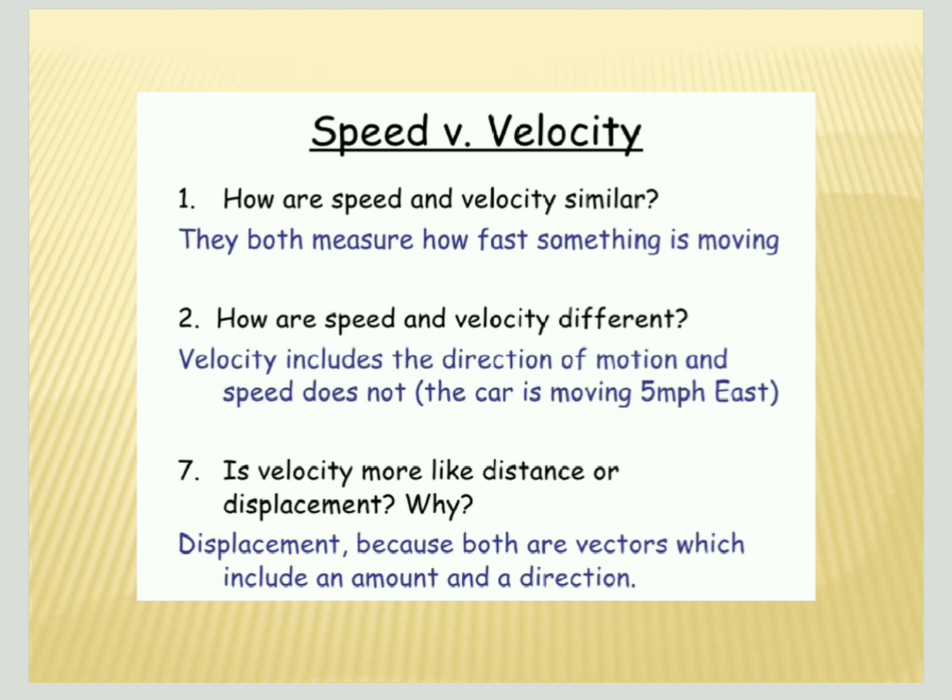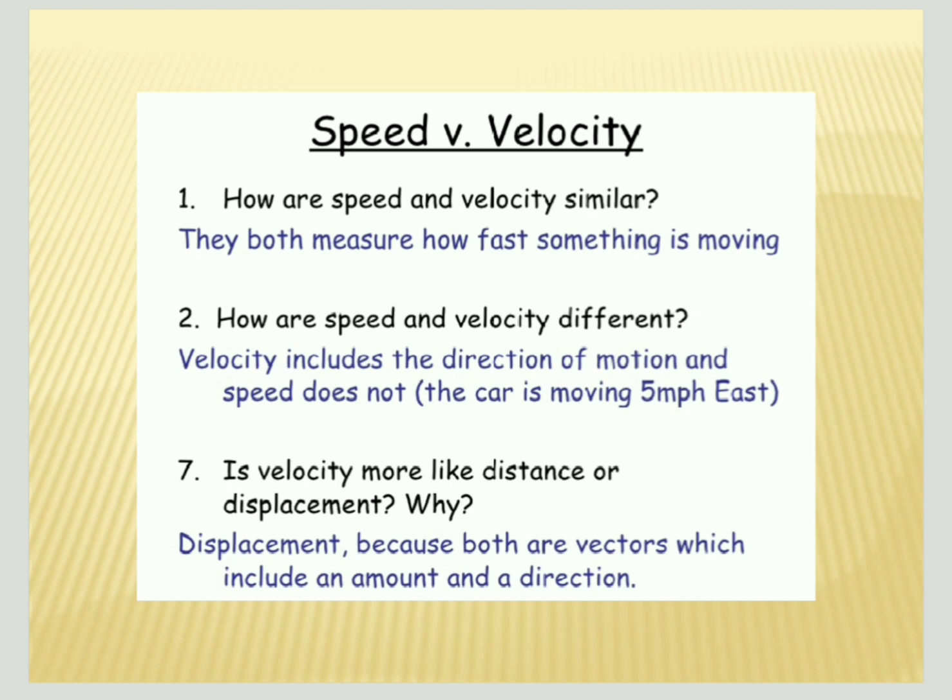As I have already told you, velocity is a vector quantity, but speed is a scalar quantity, and in speed you cannot know the direction of motion of the car or whatever is moving.